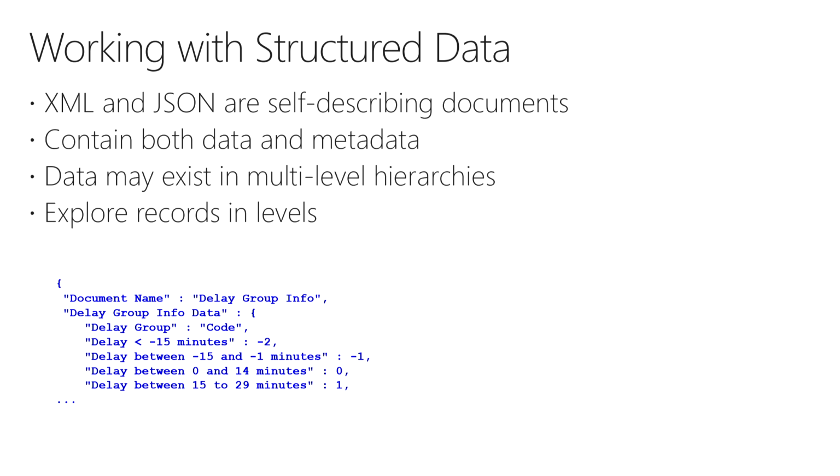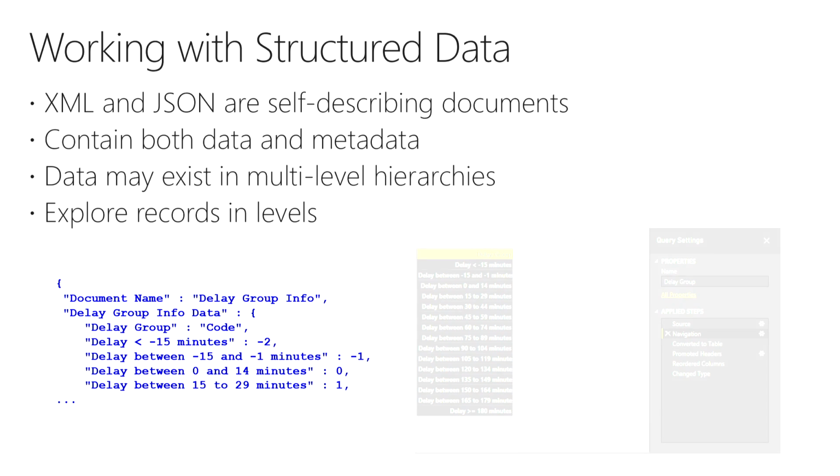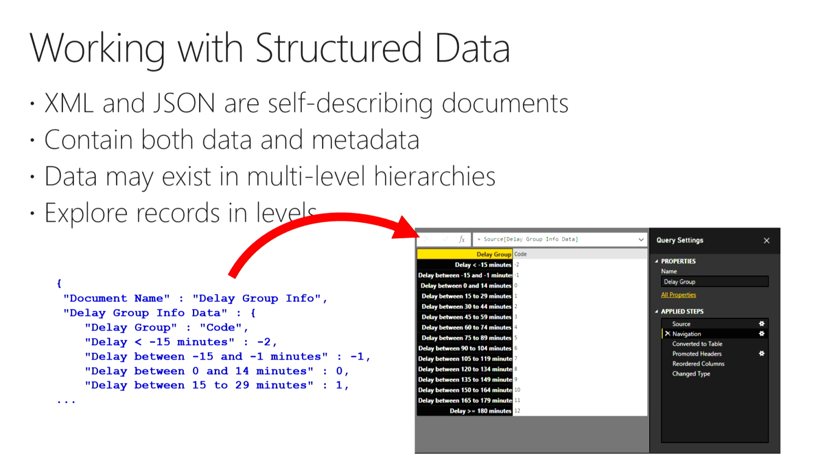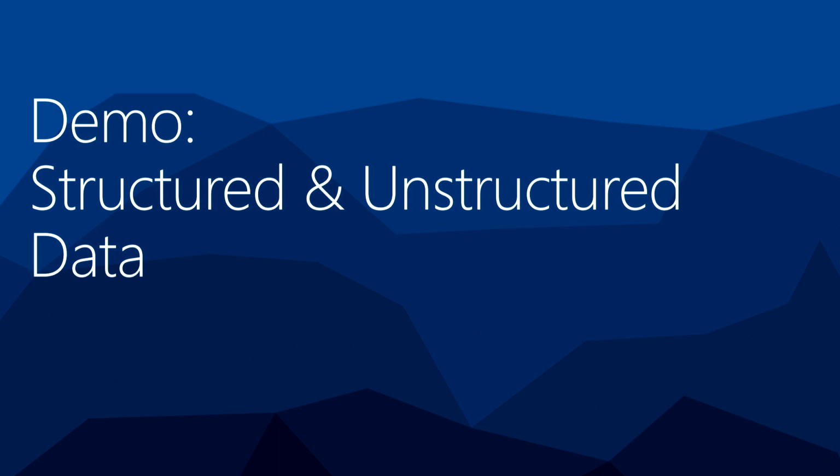So here's an example again of that delay code data. And you can see that there are 2 levels to this data. And Brian's going to explore this, so I'm not going to take you through this. But we want to take that and transform it into this, into tabular form, so that we can load this as a lookup table into my data model. And so with that, I'm going to turn it over to Brian.